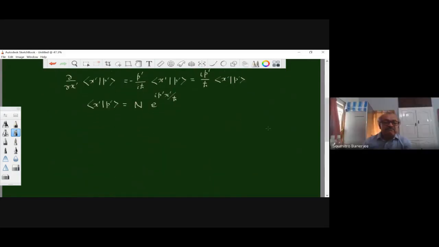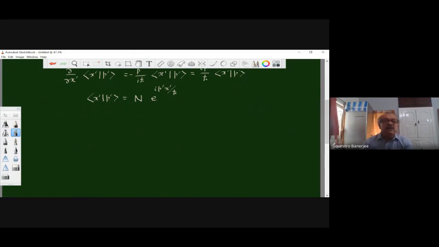Let's go ahead then. We have this n, and we need to evaluate what that n should be in order for this to be known. In order to transform from the x basis to the p basis, this is what we need, and so we need to know n. So let's do that. We know that ⟨x'|x''⟩ is something that you know should be the delta function.